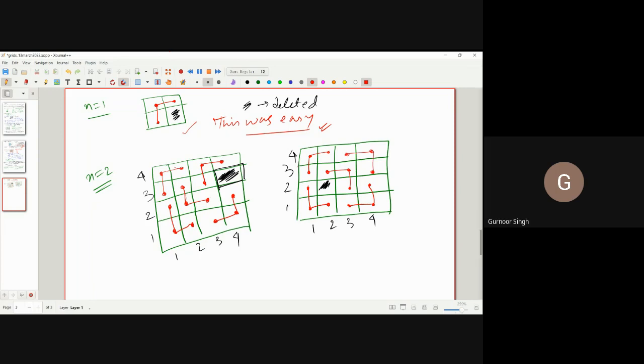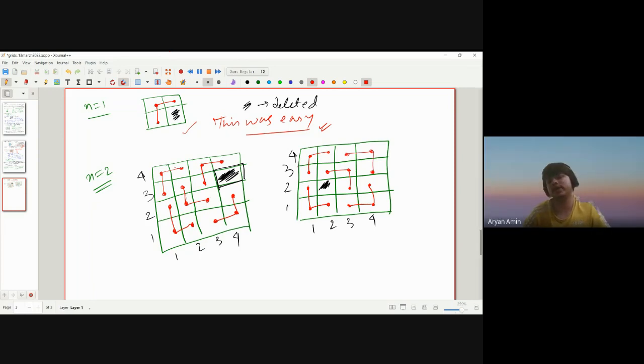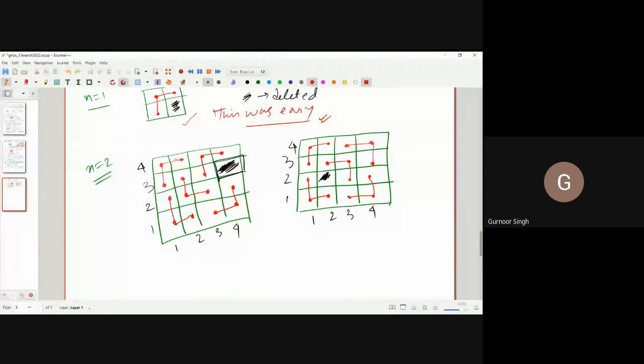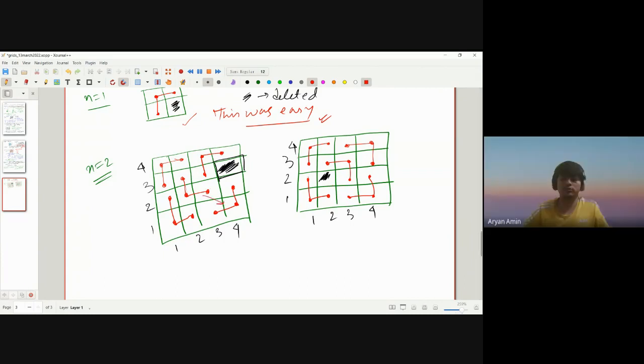Okay. So does anyone see anything in common in the two things? We started from the corner. The middle one and the right one are a reflection type. These two, you're saying?